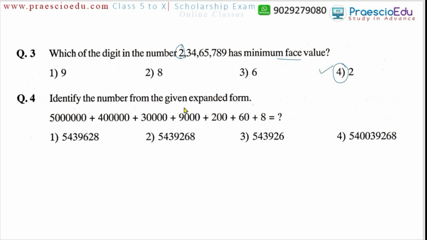Identify the number from the given expanded form. Now this is the expanded form we have been given. Here we see 50 lakh and then 4 lakh, so we will add them: 50 lakh and 4 lakh means 54 lakh. Then 30,000, 9,000, then 200, then 60, and then 8.